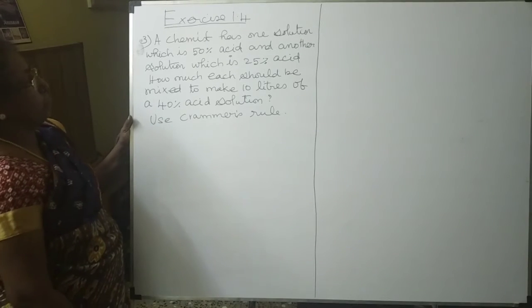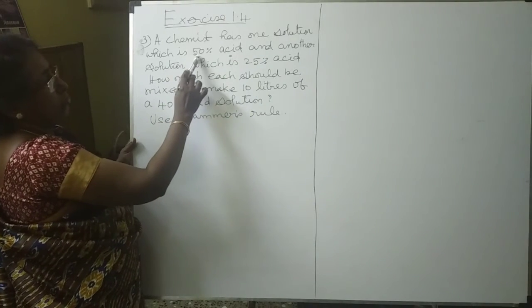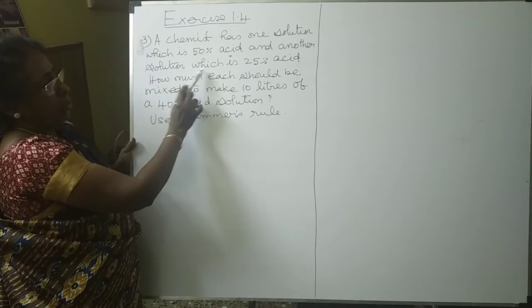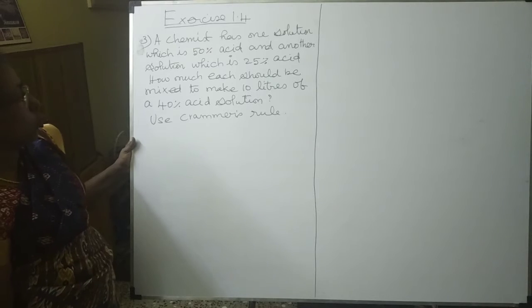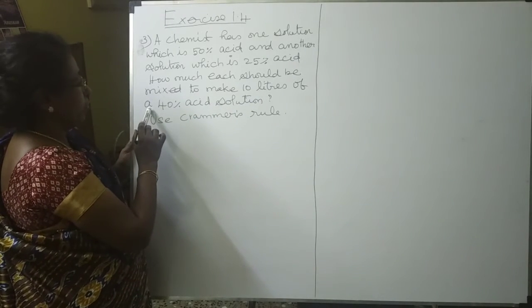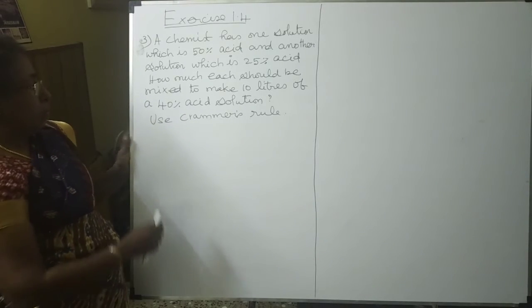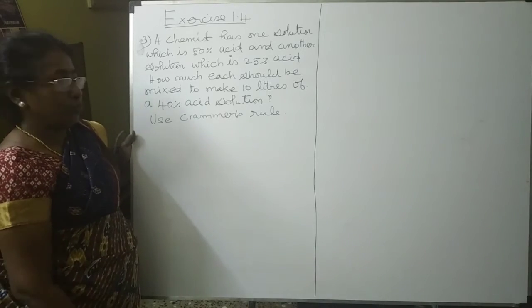And the next question. A chemist has one solution which is 50% acid and another solution which is 25% acid. How much of each should be mixed to make 10 liters of a 40% acid solution? We are supposed to do this question using Cramer's rule.